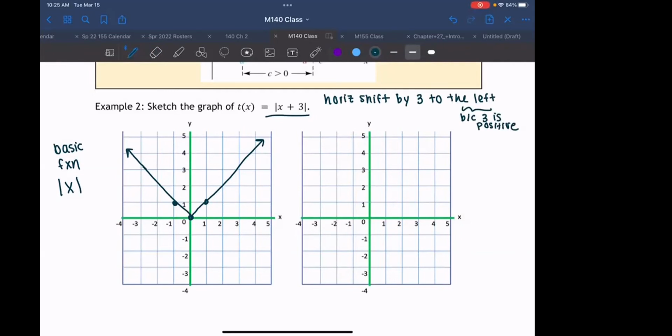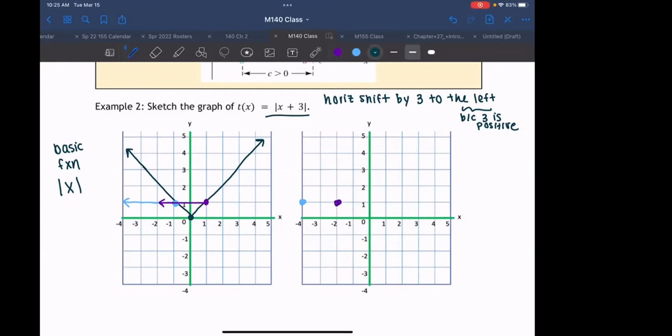So same idea here, but we're going left and right now. I'm going to take my leftmost point and move it 3 to the left. 1, 2, 3. Okay, so one of my points is going to be here. I'm going to take the rightmost point and move it 1, 2, 3 to the left, and this point is going to be here.